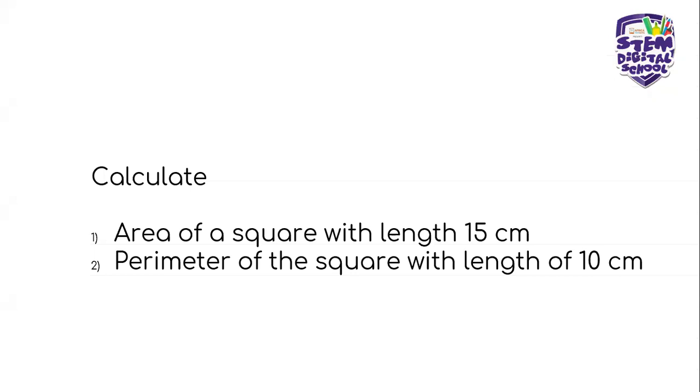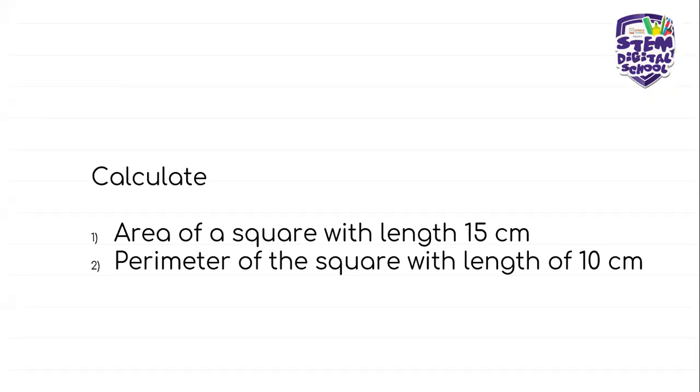So A will be equal to 225 square centimeters, definitely. We are now going to proceed to demonstrate how we get the perimeter.